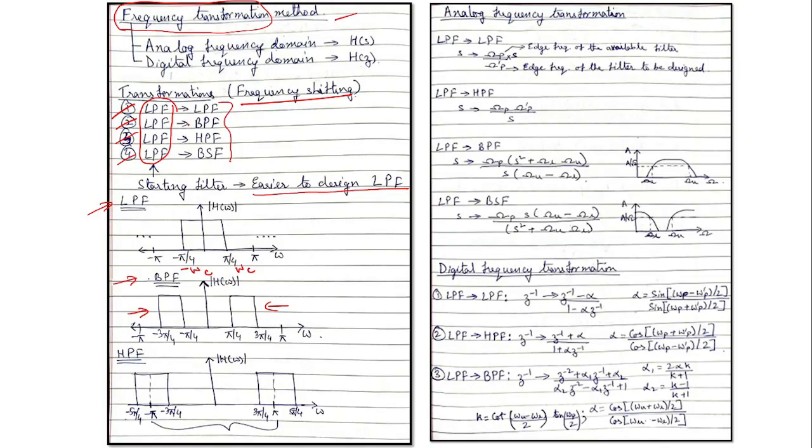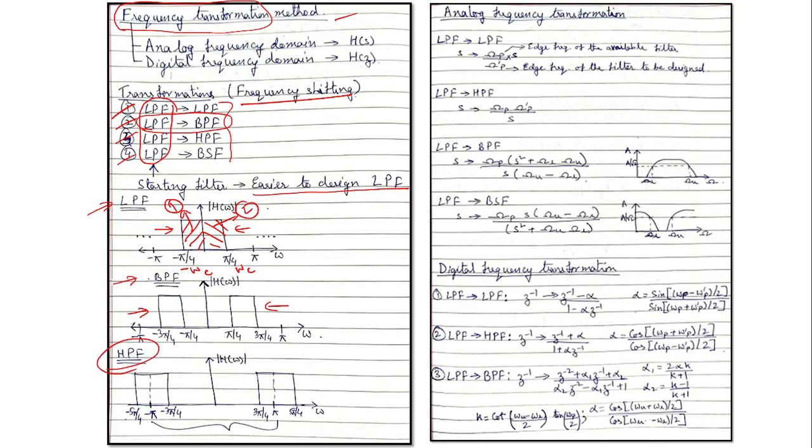By applying this transformation, we will be able to segregate these two pass band fractions, the first one and the second one. When we talk about this low pass filter to low pass filter transformation, the width of this pass band fraction changes. Then similarly we can go for high pass filter designing by this frequency transformation method.